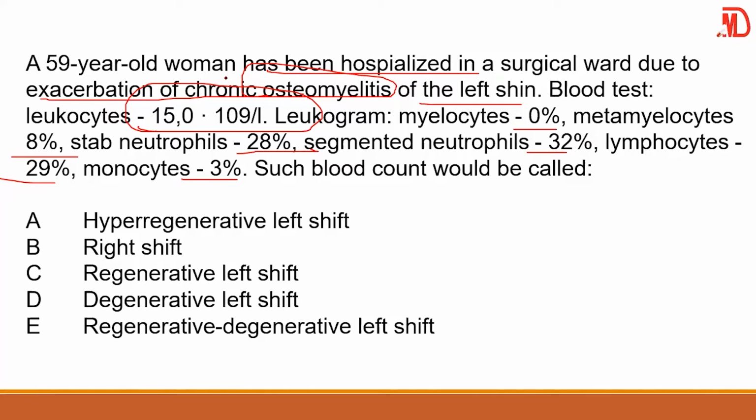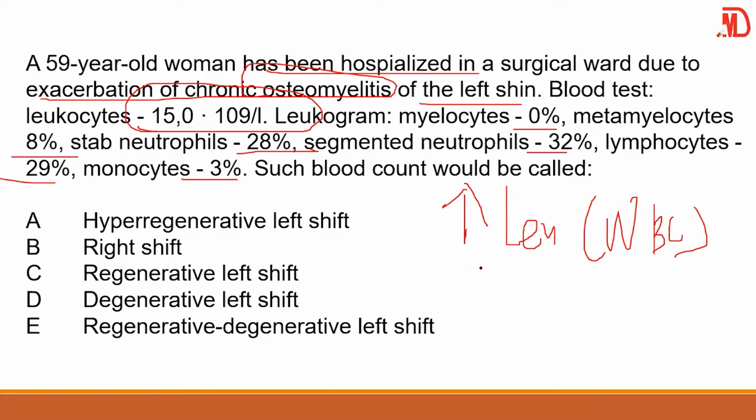Again, don't forget, I said anytime there is an increase in immature leukocytes, which means WBCs, we call it left shift. I repeat, left shift. And don't forget, the leukocyte could be lymphocyte, it could be neutrophils, it could be anything.